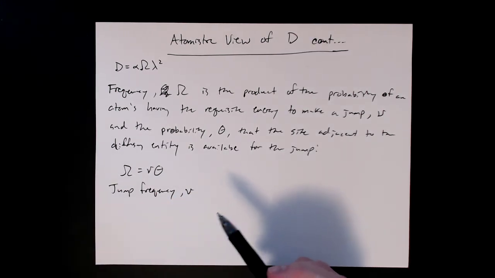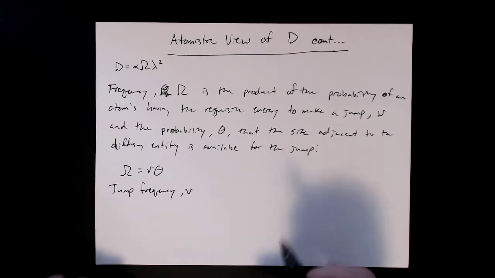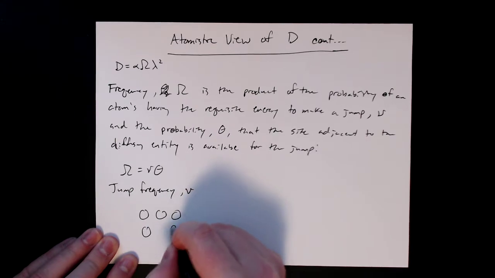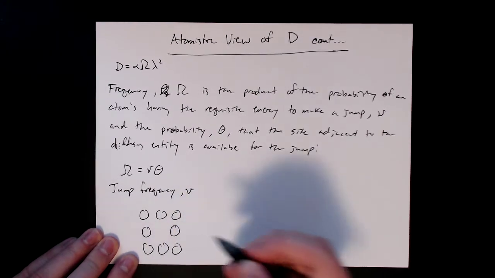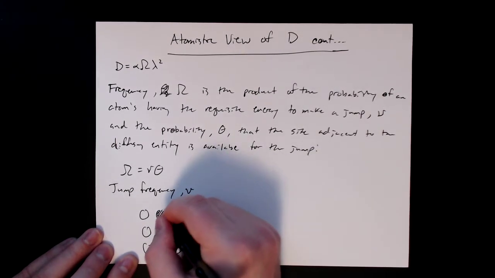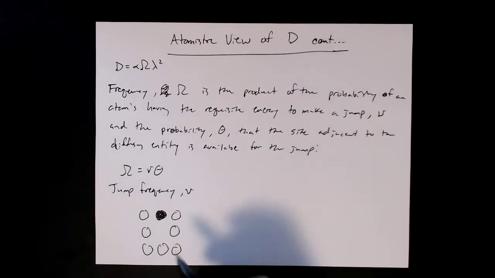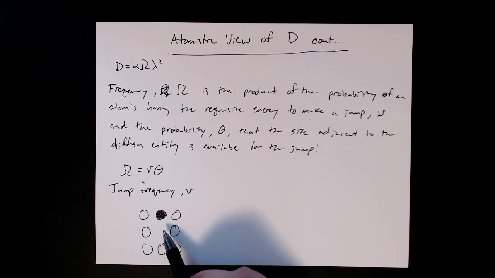So if we think about what has to happen, let me maybe just draw a very basic structure here. So let's think about this atom. This is the one that we're thinking about in terms of whether or not it has the energy, right? So this atom or ion, if it's going to jump to this vacant site, it has to break the bonds of those things surrounding it, right?